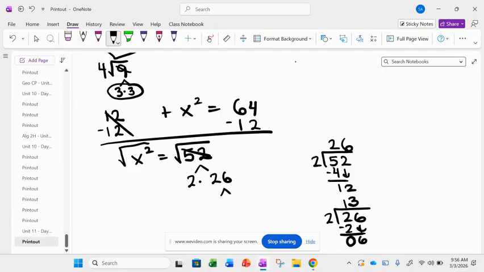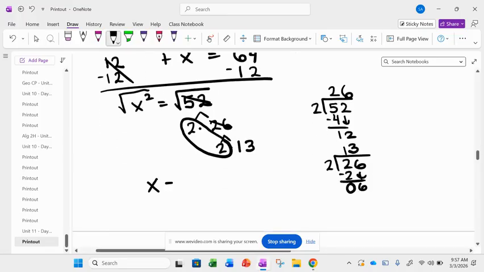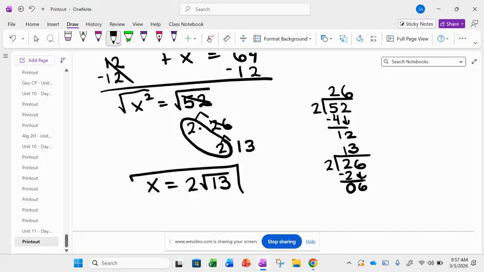There we go. Sorry, I messed that up. So this becomes a 2 and a 13. Can I break down 13? Nope. So there's my pair. Do I say plus minus? No, because a length can't be negative. So we're going to have 2 root 13.